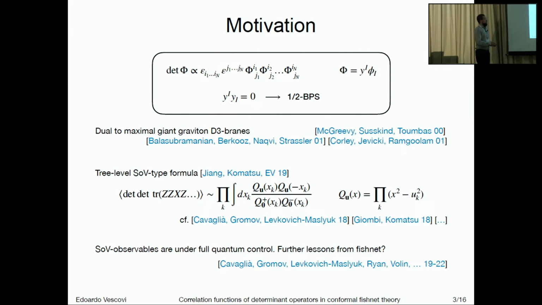At the same time, we also know from Fishnets that we had a lot of developments coming from lower rank integrable spin chains, as well as the Fishnet itself, studying SOV. So in some sense, determinants may sit in a sort of sweet spot, and they can further advance the study of SOV. This is a long-term goal to keep in mind.